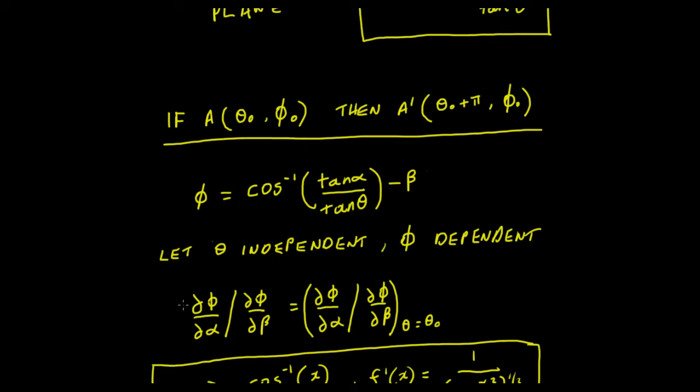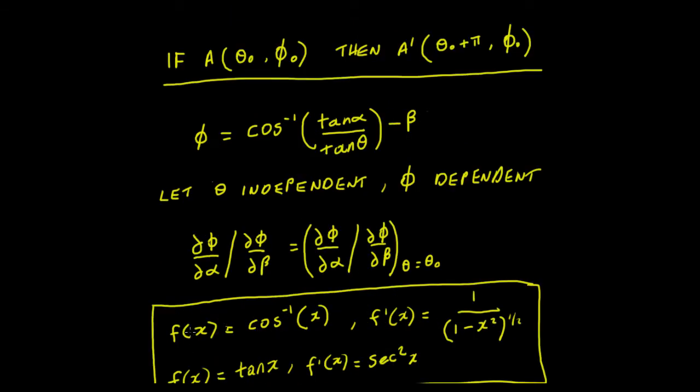Now what we want to do is differentiate this function with respect to alpha. To differentiate an inverse cos of a function, the derivative is 1 upon (1 minus x squared) to the half. Also note it's a function of a function, so the part inside has to get differentiated as well.